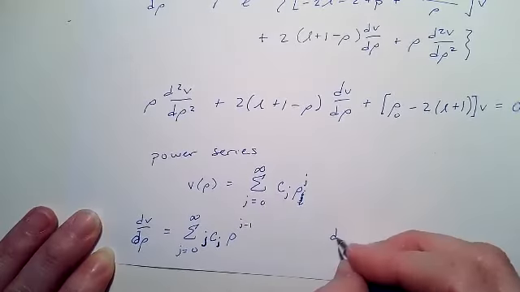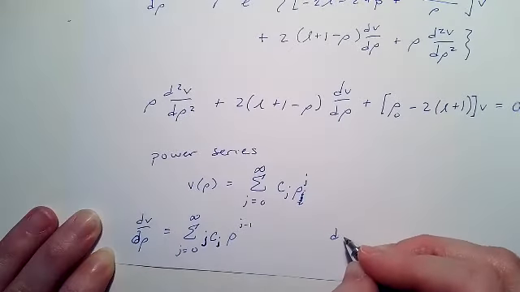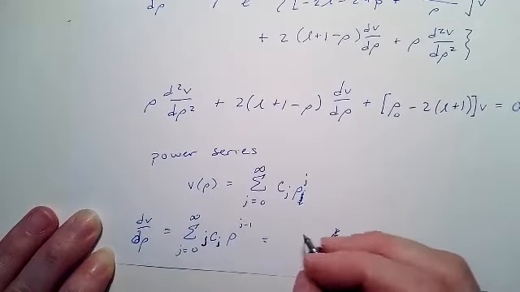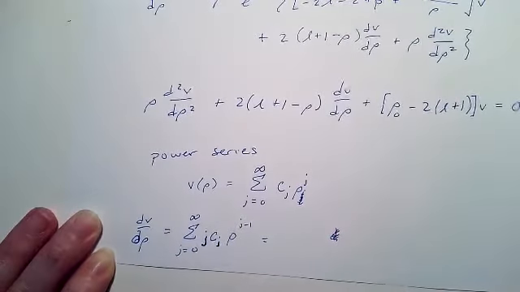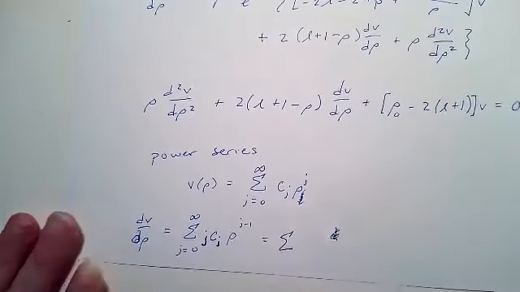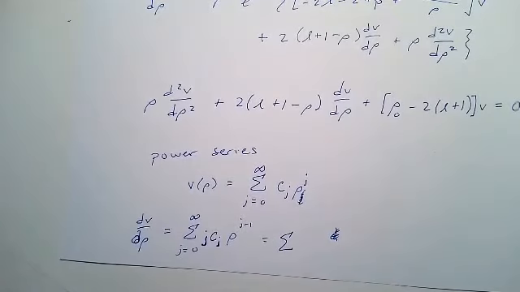And then our second derivative, actually before I go there, I should write this first derivative in terms of just renaming the index. So if we rename the index to j plus 1, we are going to do one of these.